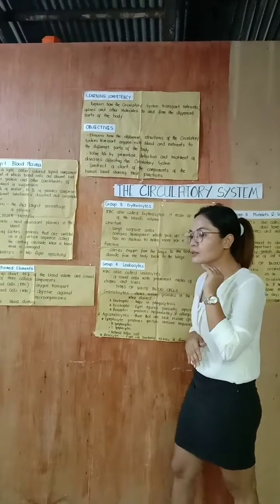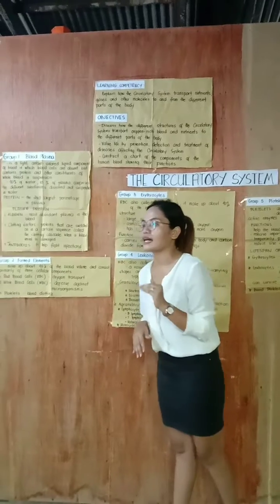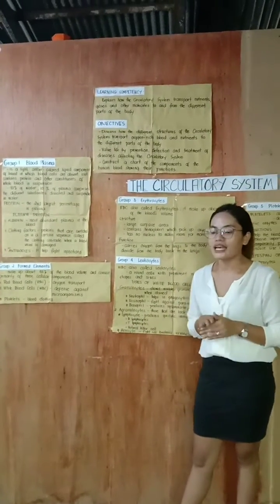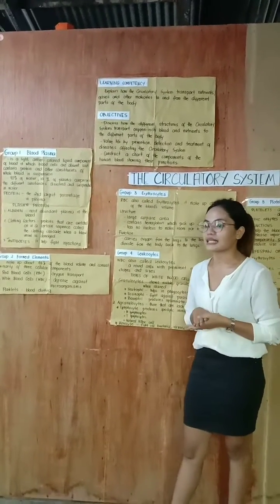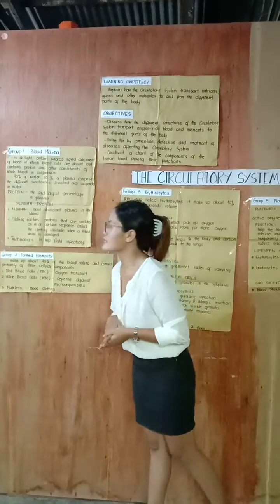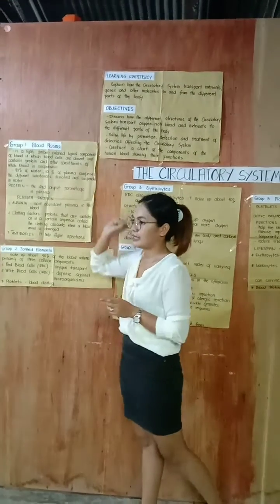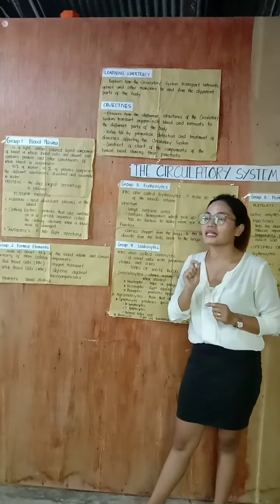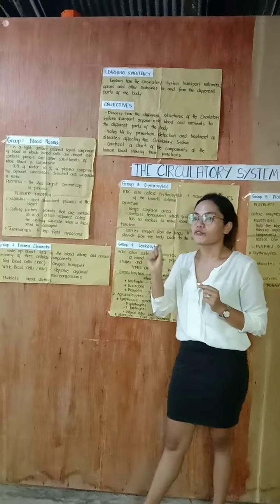When we talk about blood, it is a fluid that circulates throughout our body and it helps us to maintain homeostasis. And when we say plasma, it is about the body's total blood volume.